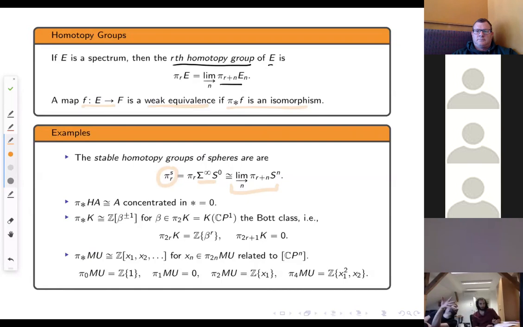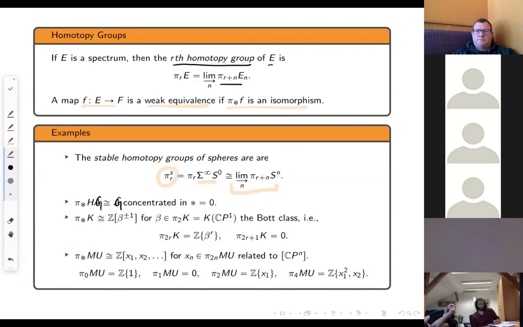I was using G, and I forgot to change this to G. So pi star of this Eilenberg-MacLane spectrum HG that represented ordinary cohomology is just one copy of G in degree star equal to 0, and everywhere else it's 0. So it really fits the description you would want from something called Eilenberg-MacLane.